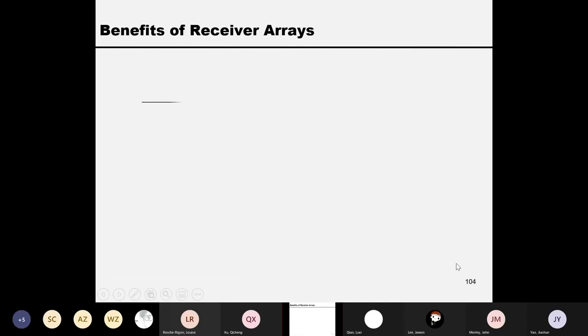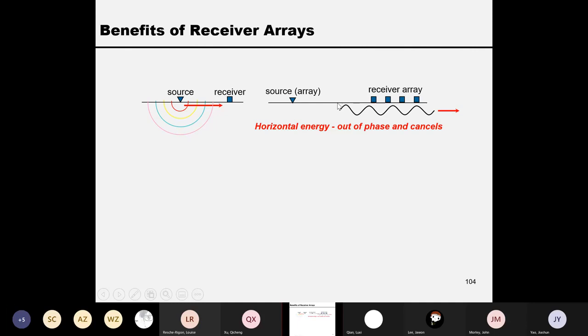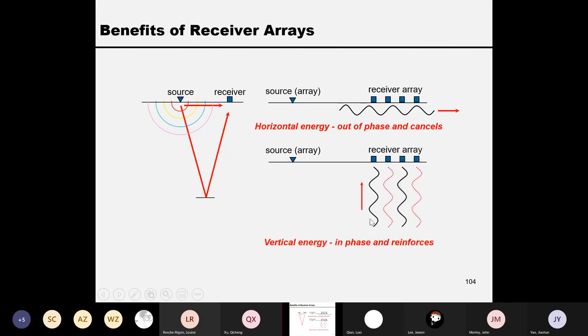Okay. So now, why do they need a group of the receivers? Similar to land acquisition, for the group of them, you can enhance the vertical component, and because of the time delay, so-called out of phase delay, right?